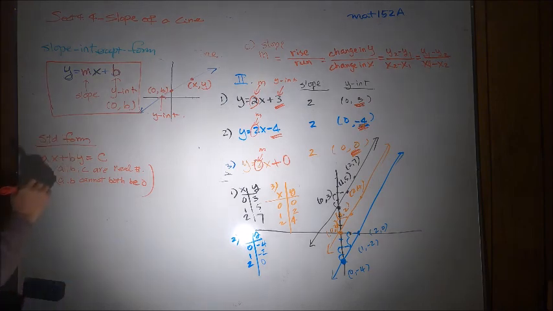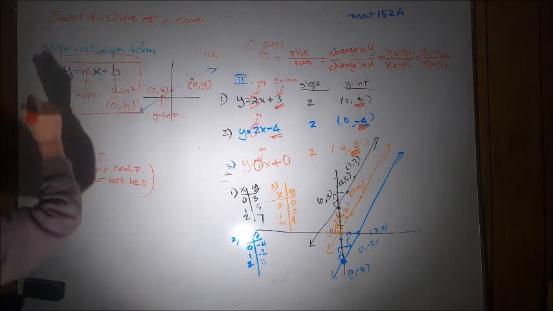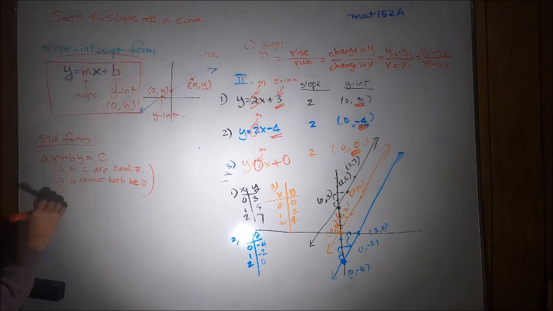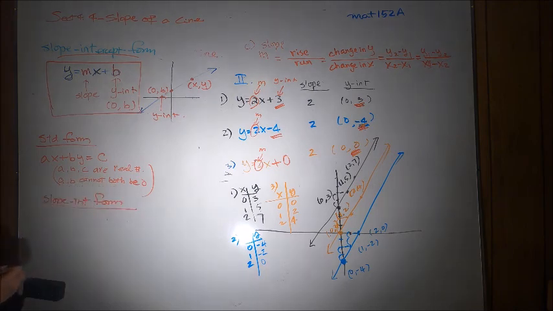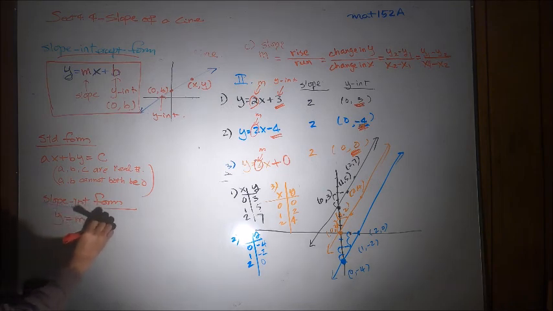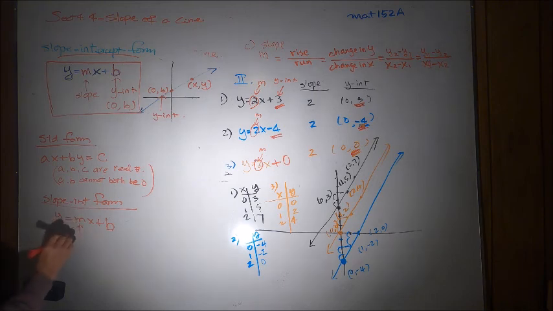Now we learn another form, we call it the slope-intercept form, which is written as y equals mx plus b. Okay? M is your slope. B is your y-intercept.